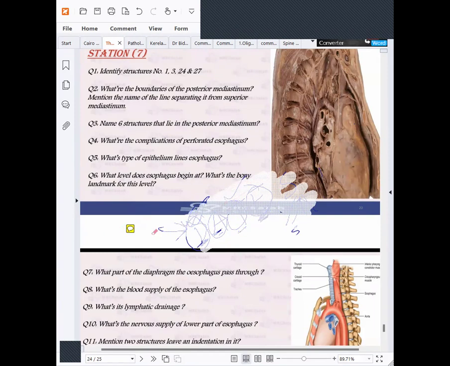What are the complications of perforation of the esophagus? Dr. Asma, continue. All the same problem. All these esophagus questions in my pocket are with the abdomen. I didn't do it.